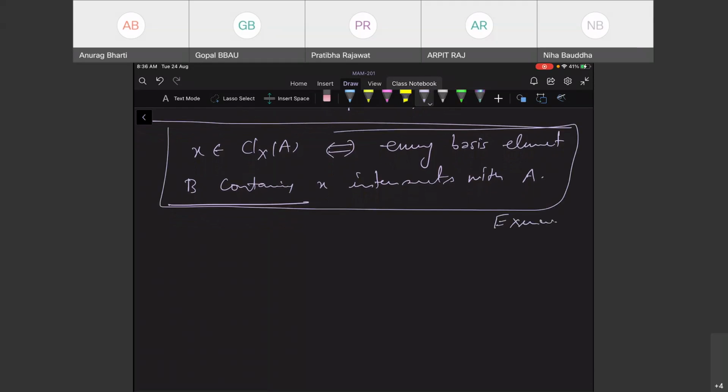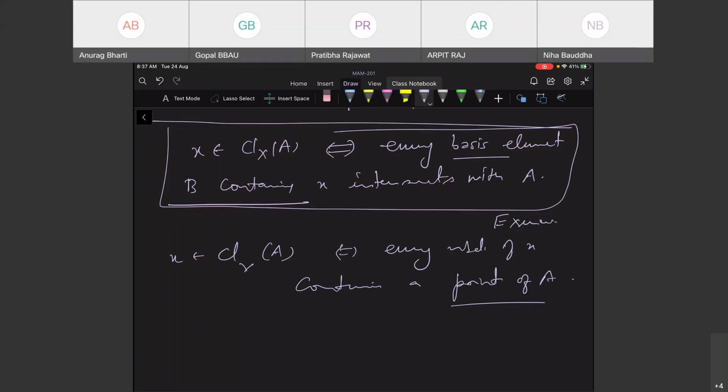Instead of a basis element, you can replace this by neighborhoods: x is in the closure of A if and only if every neighborhood of x contains a point of A. This means every neighborhood intersects with A.